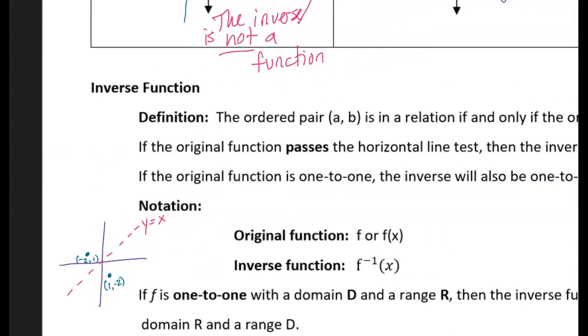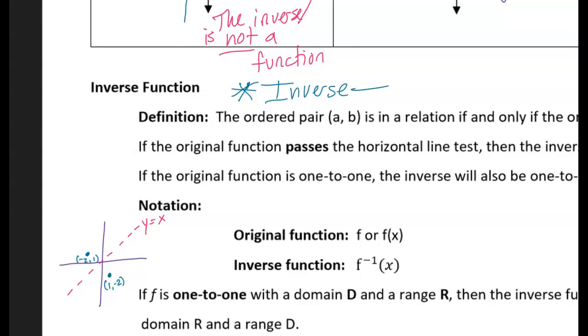So up here I'm going to write, because I want it to be one of the first things you see on this page: inverse, you should immediately think, switch x and y.